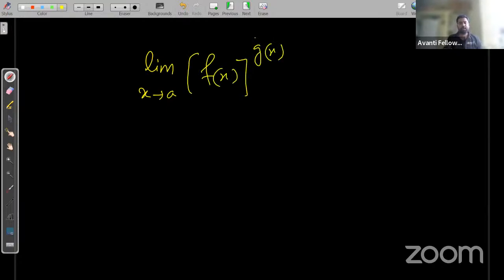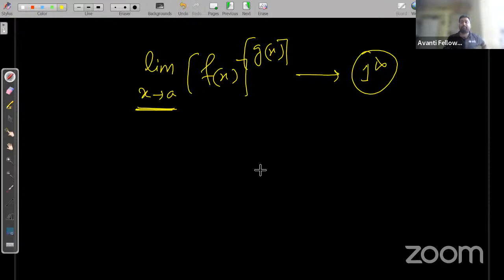Remember, if the limit as x approaches a of f(x) to the power g(x) is in the form of 1 to the power infinity after substituting x approaching a, then the limit is equal to e to the power limit as x approaches a of (f(x) minus 1) into g(x).